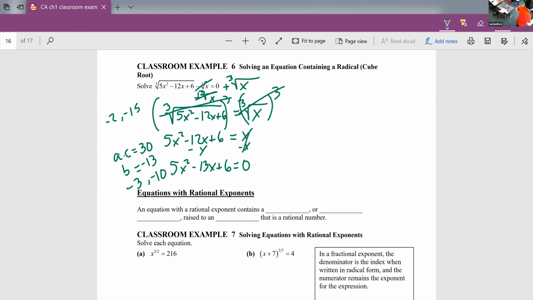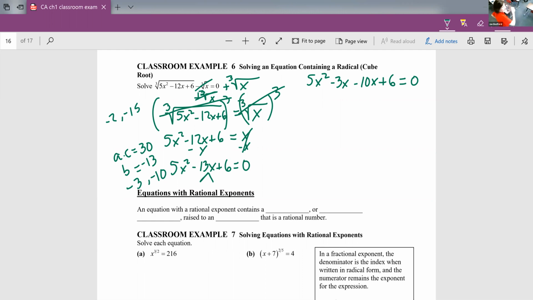Now, I'm going to come up here, and what I'm going to do is replace this middle term now with these 2 terms. Does it matter the order I write them in? No, it doesn't. So I'm going to put minus 3x minus 10x in place of the minus 13x, but I didn't change anything else in my equation.